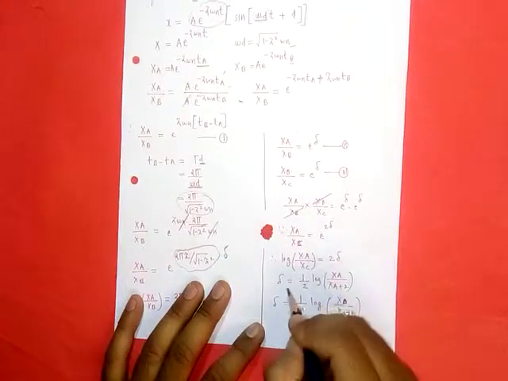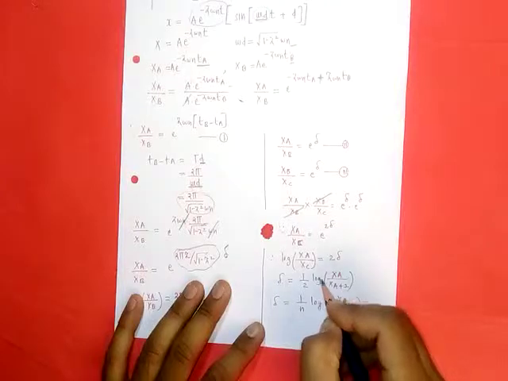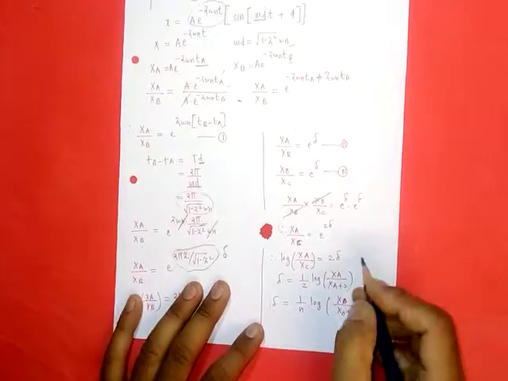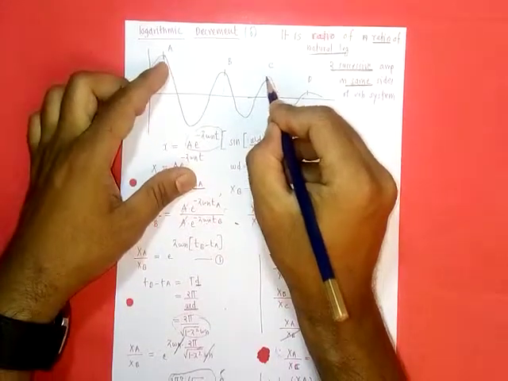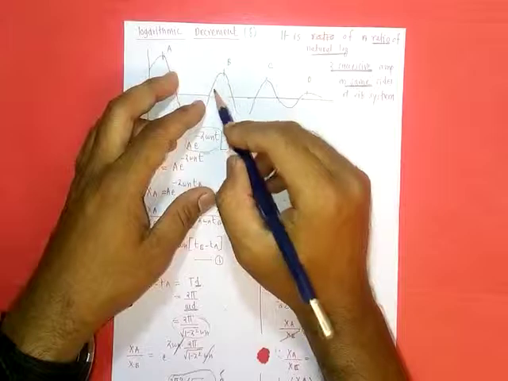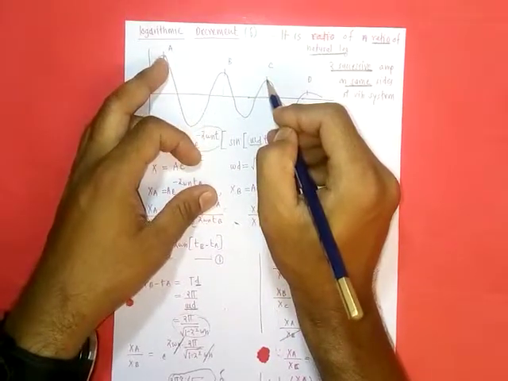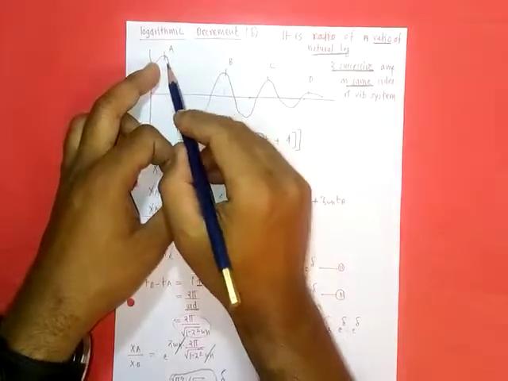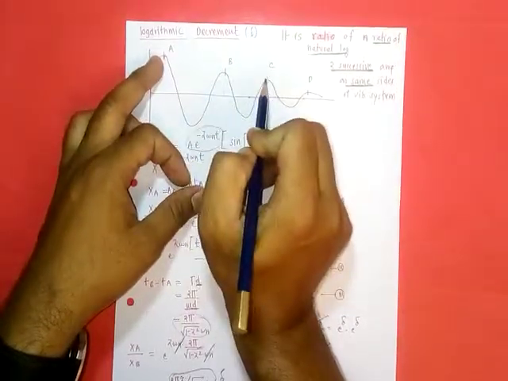That is, del is equal to 1 upon 2 log of xa upon xc. Here, c is the amplitude of a cycle which is coming after two cycles after a.